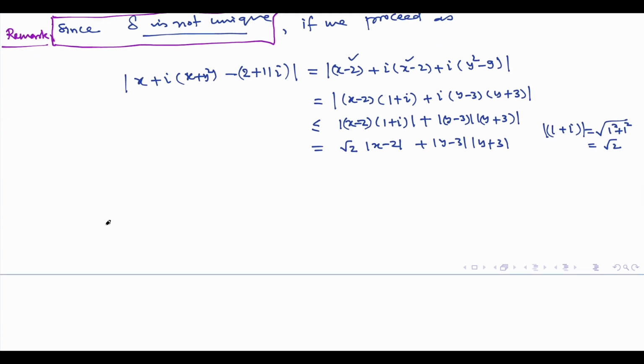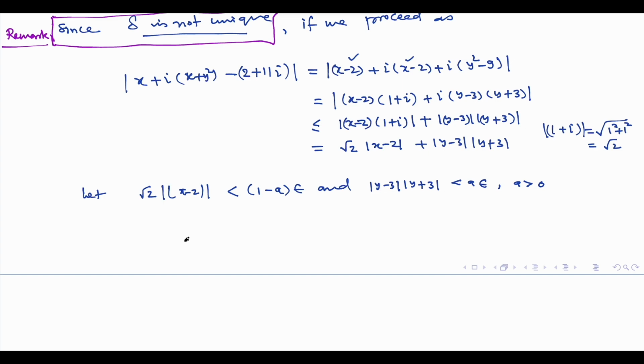Now, let us assume root 2 |x minus 2| is less than (1 minus a) epsilon, right? And the second factor, |y minus 3| |y plus 3| is less than a epsilon, where a is any quantity greater than 0.